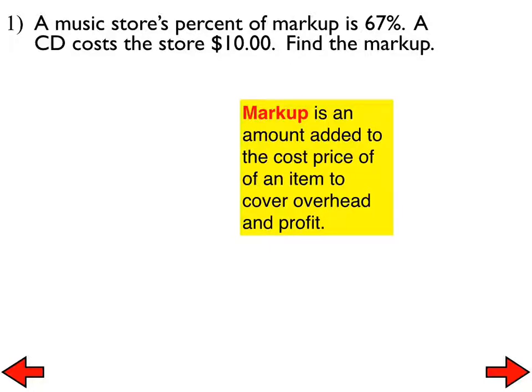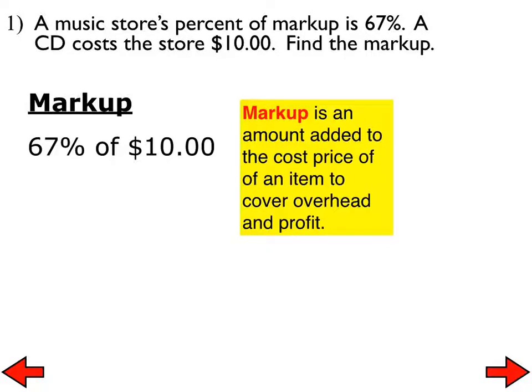So what we are trying to do here today is find the amount of something. If we want to find the amount of markup, the store buys the CD for $10 and then they're marking it up 67%. Here is what I do, and you should be writing things down here. To find the markup, we are going to find 67% of $10.